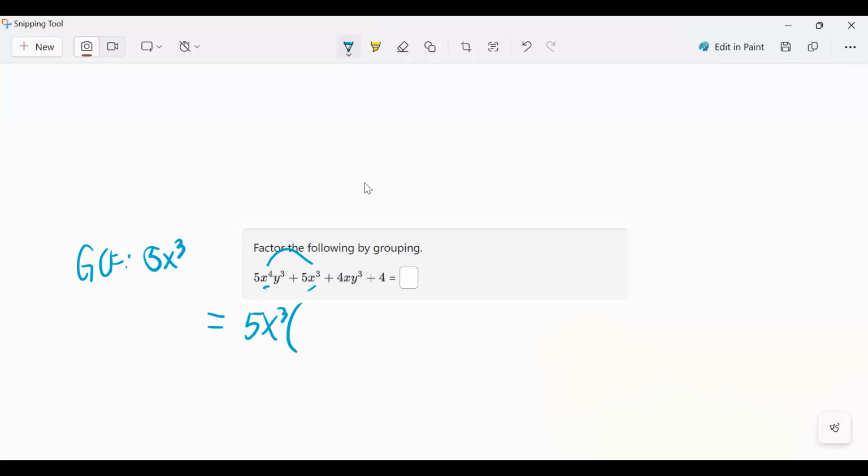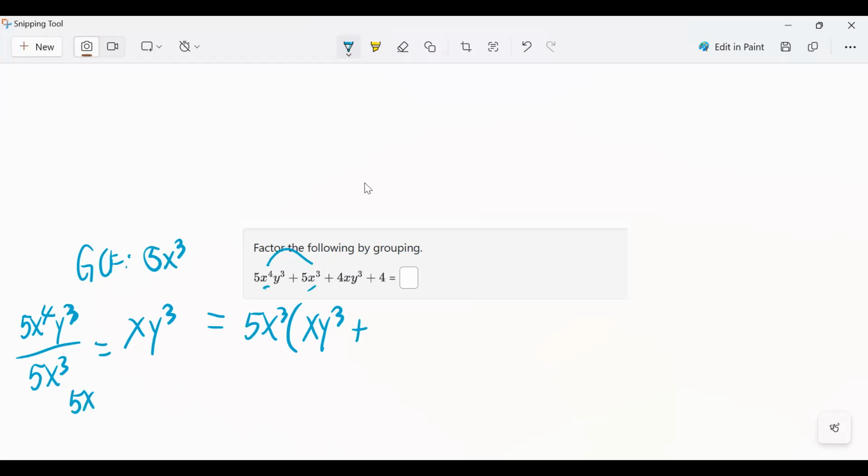Then x remains, y cubed remains. You can also divide if you're not sure what to put into the parentheses. Cancel the 5, x to the 4th over x cubed gives x, and y cubed. That's why I put xy cubed inside the parentheses.